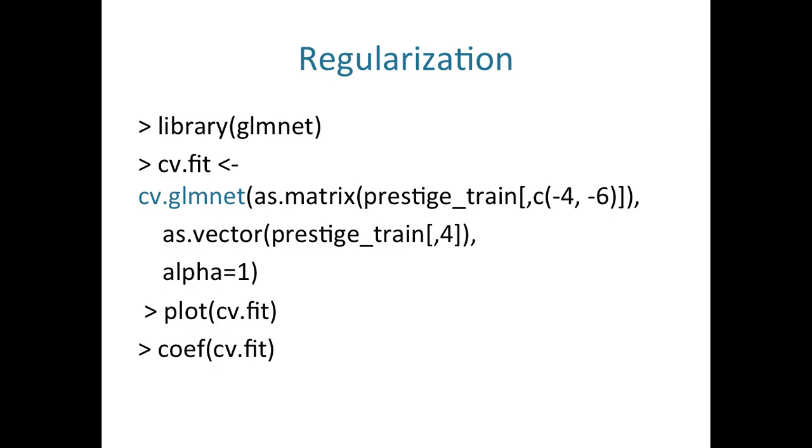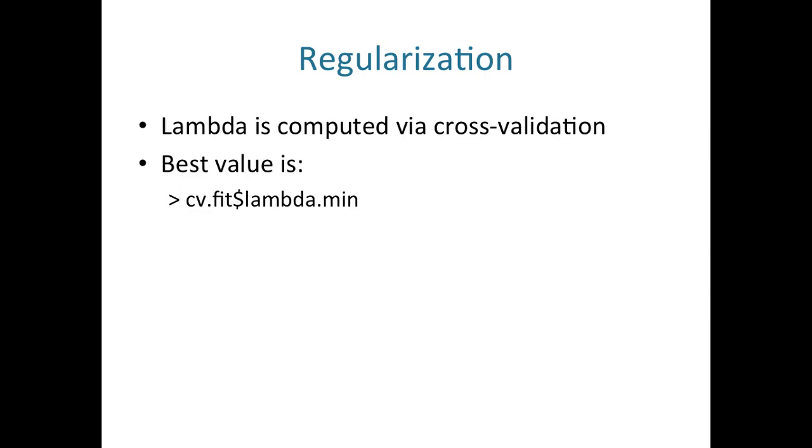Then the model generates another linear model, but with a regularization. You can check the lambda value by checking the minimum: in the fitted model, you can check with $lambda.min, which will give you the best lambda for the regularization.